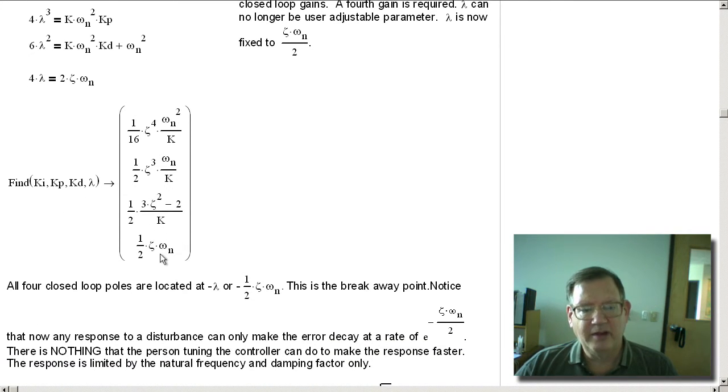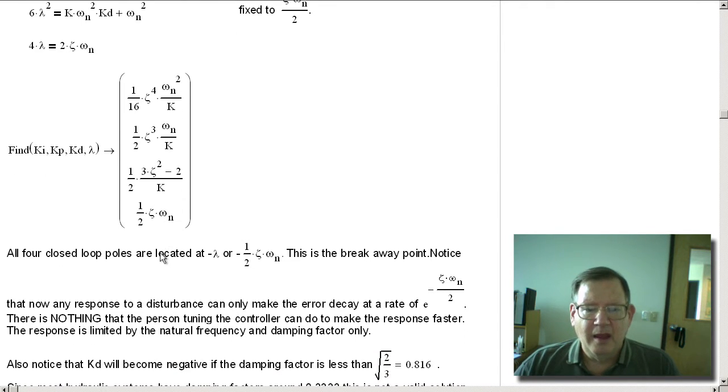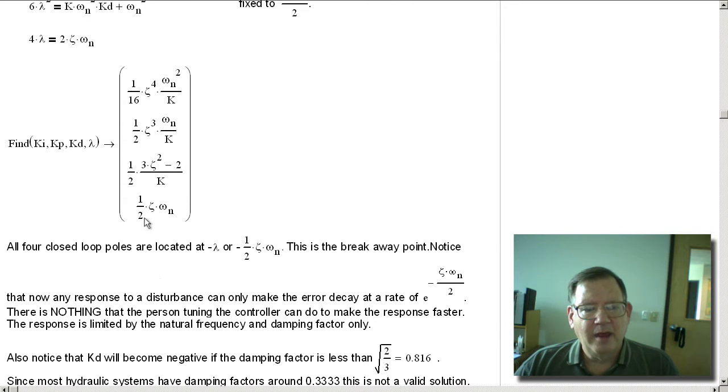At this point, if you try to increase the gains, of the 4 poles, 2 are going to be complex, and the other 2 are still going to be real. And the problem is that if lambda is fixed at zeta times omega divided by 2, that's going to determine how the poles, or the errors, are going to decay.